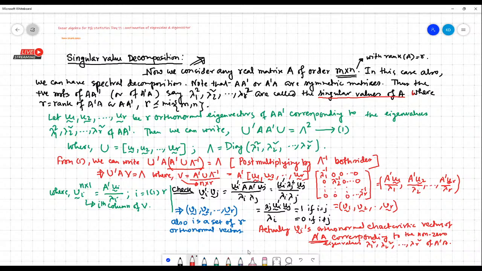Now you can easily check this statement. We know Ui curl is an eigenvector of A A prime corresponding to eigenvalue lambda i square.